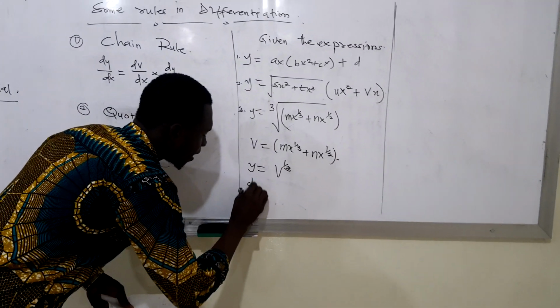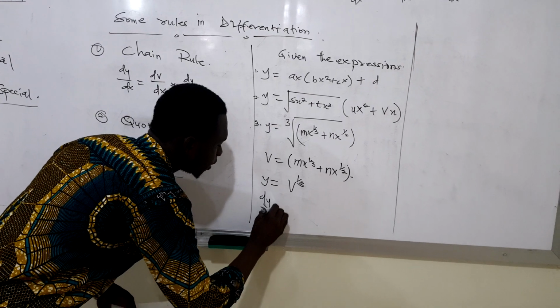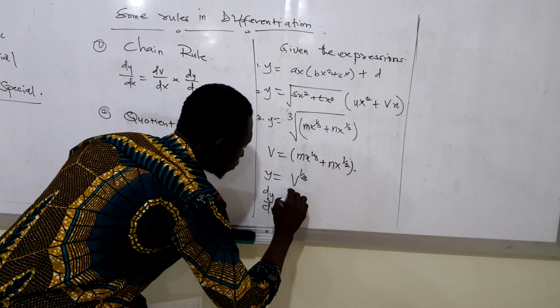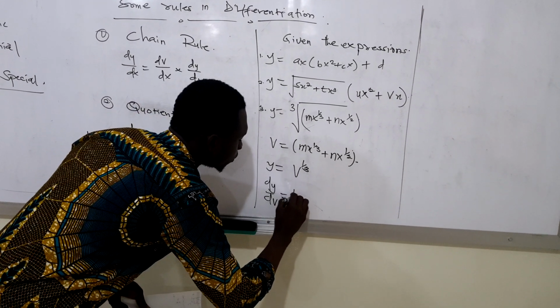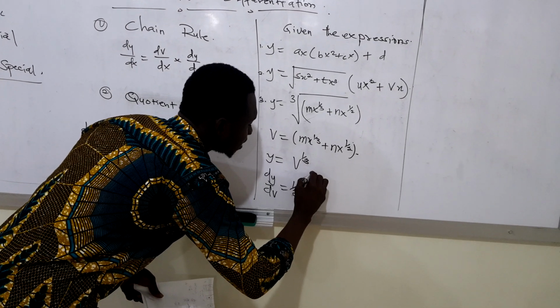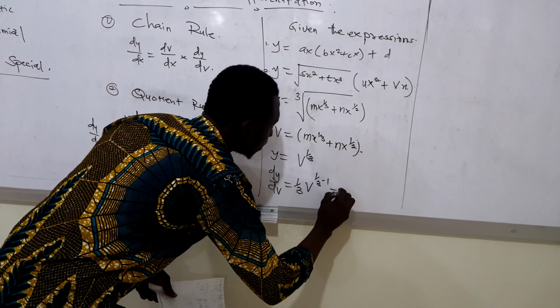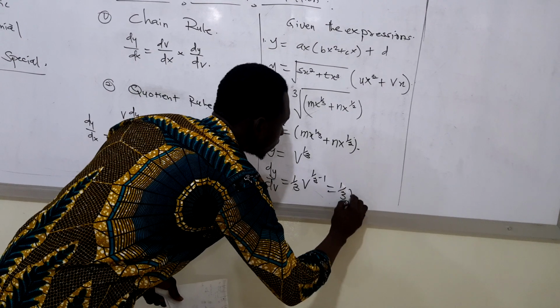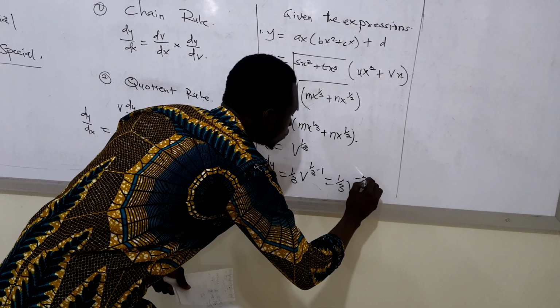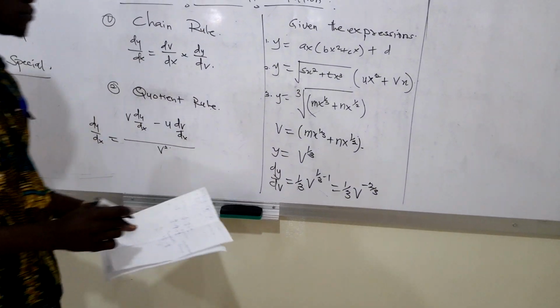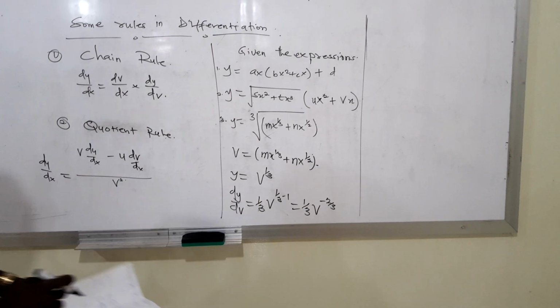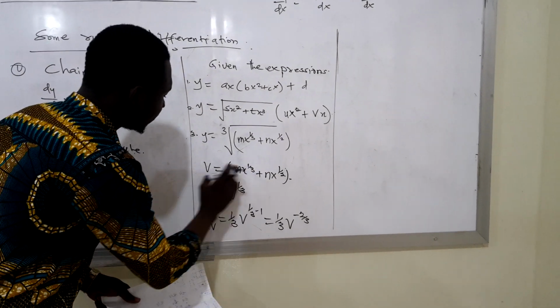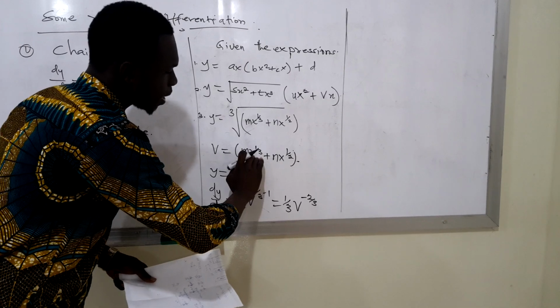Now our dy/dv is equal to 1/3 v, that is 1/3 minus 1, giving us the expression 1/3 v exponent negative 2/3. Now, we are going to find the derivative of v with respect to x.